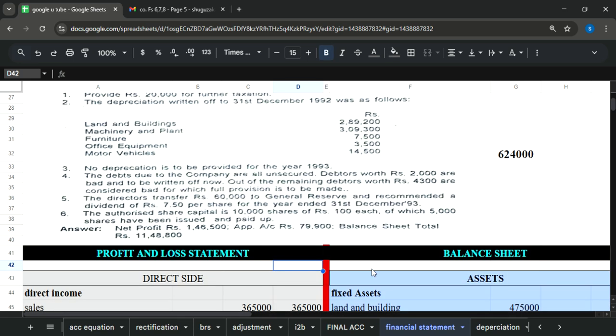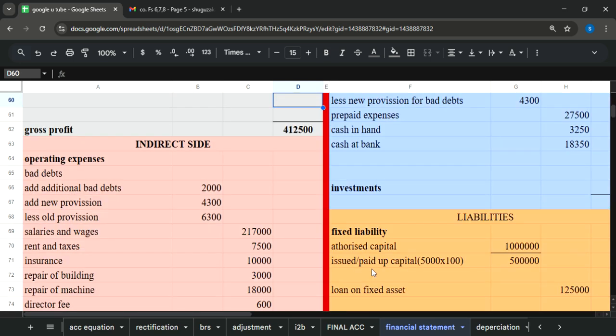All right. So let's start our calculation regarding the indirect side. First, we will see the bad debts final amount. Bad debts are not present. Add additional bad debts. Then again add new reserve. Subtract old reserve. Bad debt adjustments are completed and the answer is zero, surprisingly.